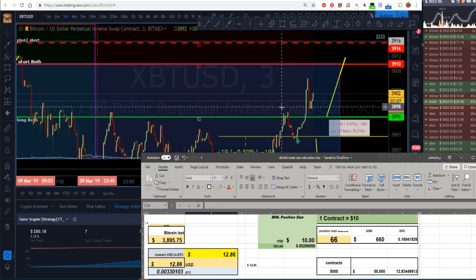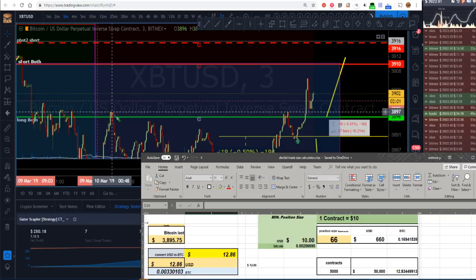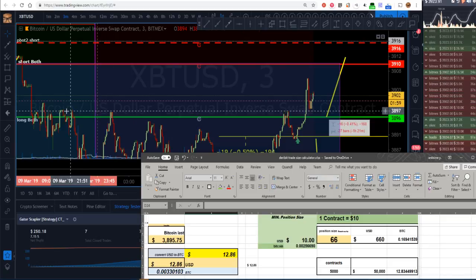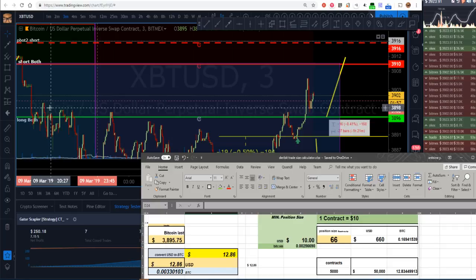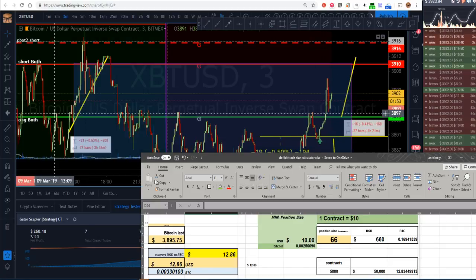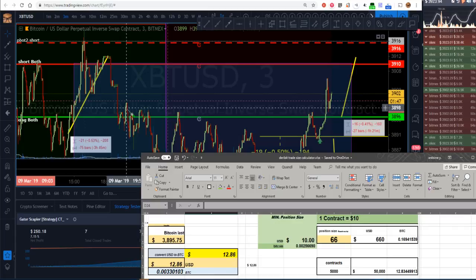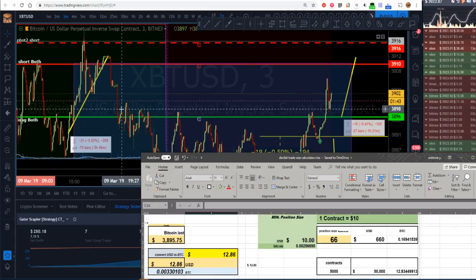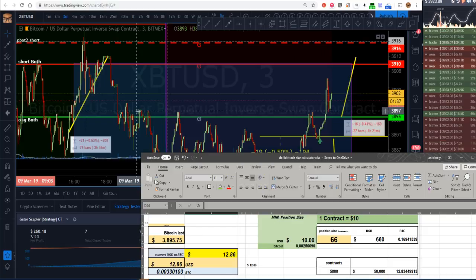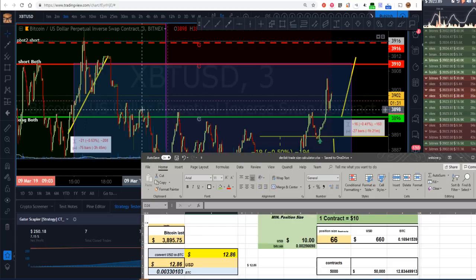So it bounced off of this, basically this point right here. Bounced off of this right there. It bounced off of this one right here.